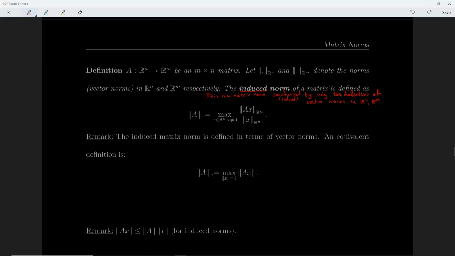The induced norm of the matrix can also be defined in another way, so I will give you another definition. Let me write that once again, maybe more explicitly, with the norm in Rn.